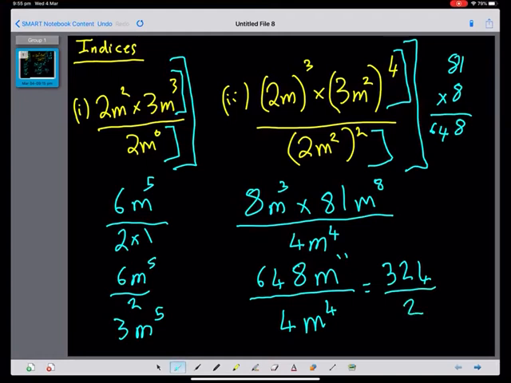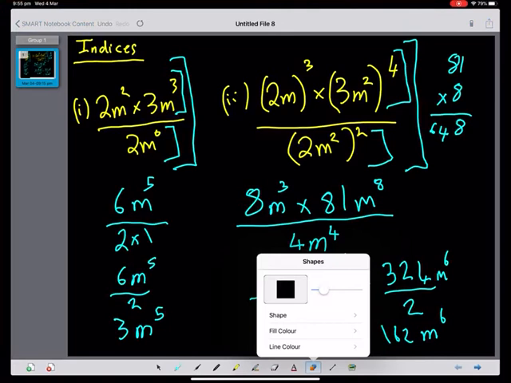And let's simplify the m's. So we got 11 minus 4 gives 7. And let's half it again. Half of 324, well, a half of 300 is 150, so 162 m to the 6. Okay, so I hope that makes sense.